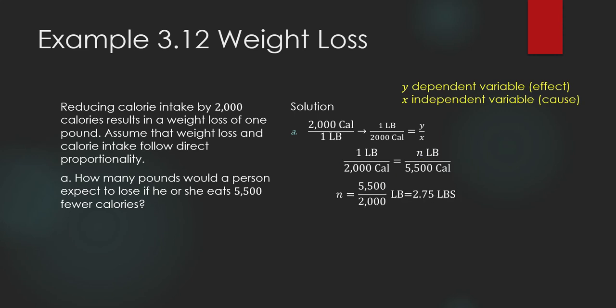We multiply both sides by 5,500 calories. N is equal to 2.75 pounds. So how do you interpret that? If you remove 5,500 calories from your diet, that will result in a weight loss of 2.75 pounds. But of course, this is an oversimplification of what is really taking place in weight loss.